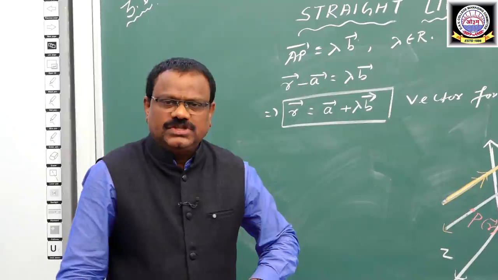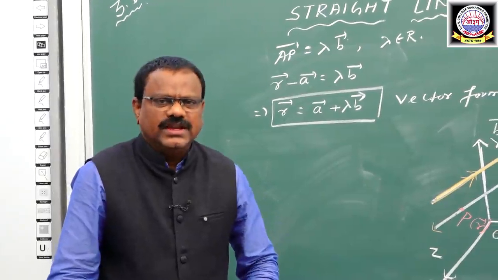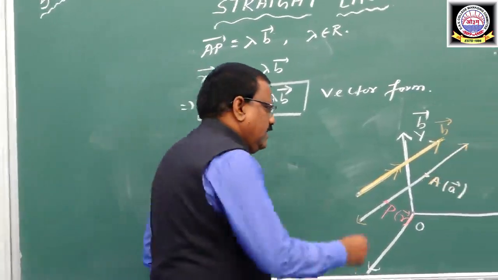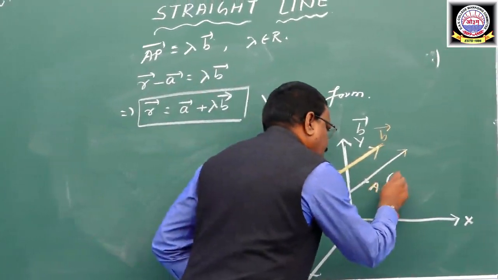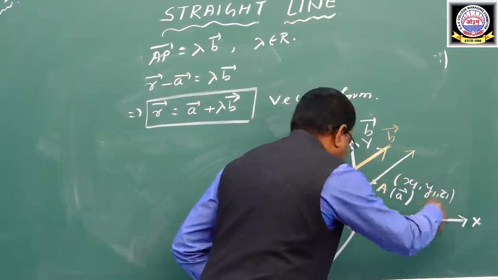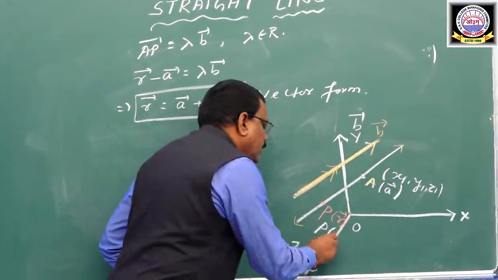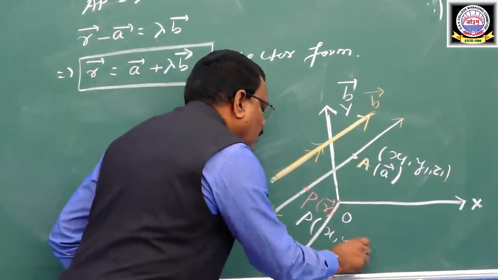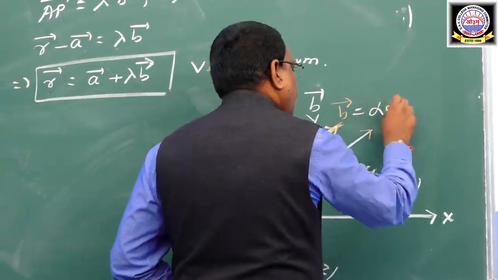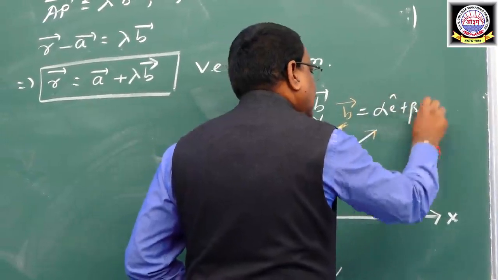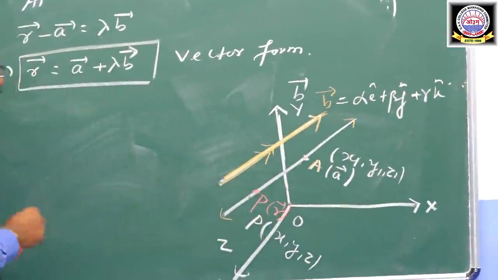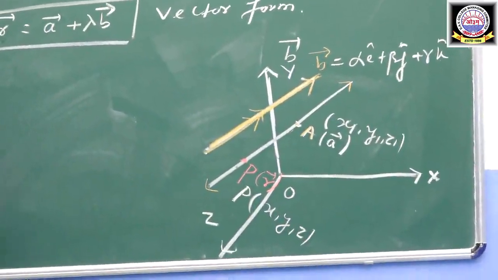Cartesian form means we will use x, y, z or x1, y1, z1. Let the coordinates of this point A be x1, y1, z1, and the locus point P will have x, y, z. Let the B vector be equal to alpha i plus beta j plus gamma k. So I am converting to this Cartesian form.